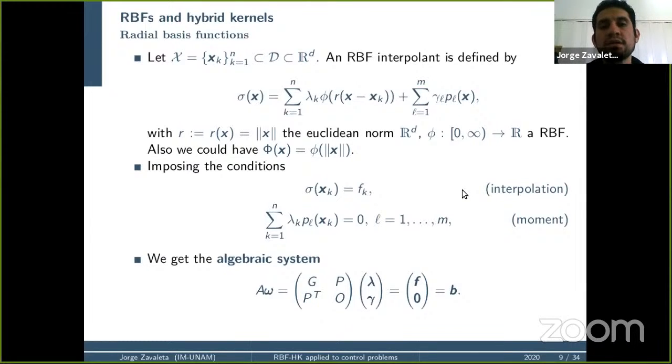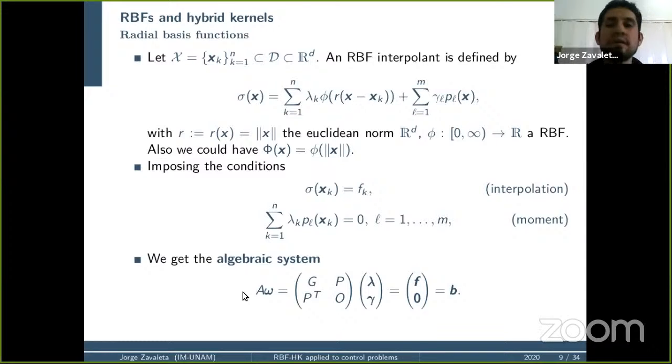In order to obtain the coefficients of this linear combination, I need to impose the interpolation conditions, which means that it should be exact at the data, and also the moment conditions if we have a polynomial, to obtain an algebraic system where A is the Gram matrix.